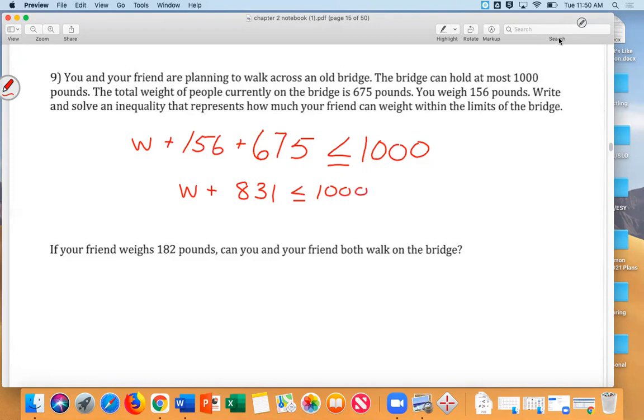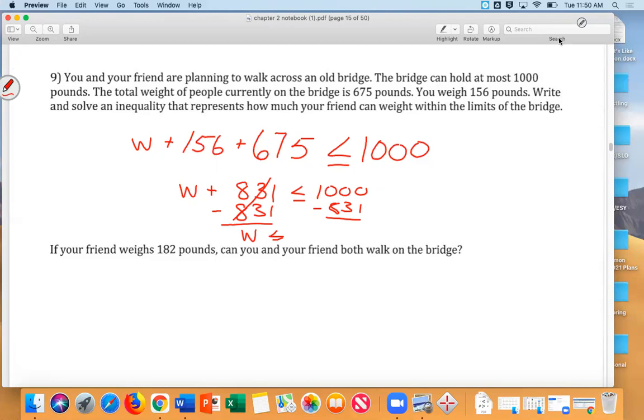Now, Mike, how do I solve this? What do I do? You subtract it. What's 1,000 minus 831?